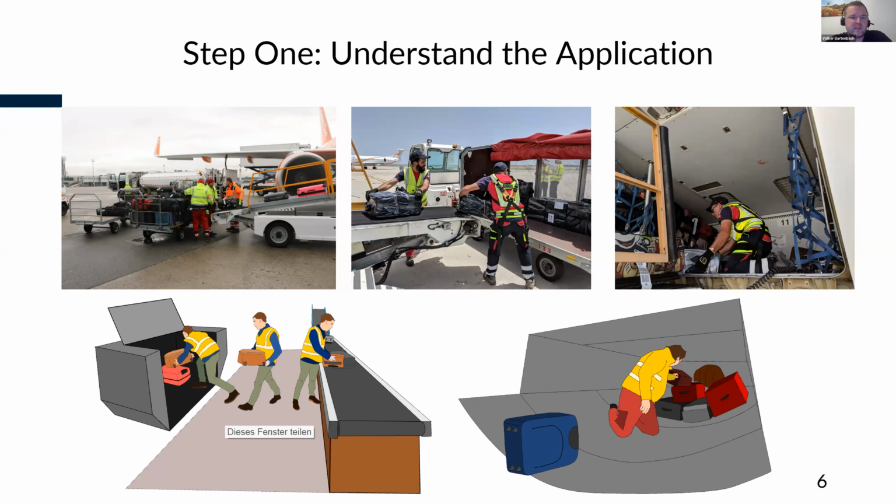It was important for us to understand what kind of movements are being executed during these tasks, what kind of loads are being handled, but also secondary factors like, is it conducted outside, is it conducted inside, do you have movement constraints, or in this example on the right-hand side, where the worker is doing the work on their knees inside of the airplane. We wanted to really get an understanding of the environment and the movements that the exoskeleton would eventually need to provide support in.